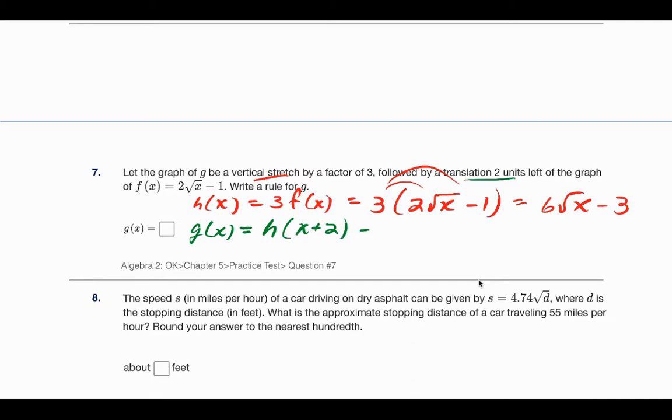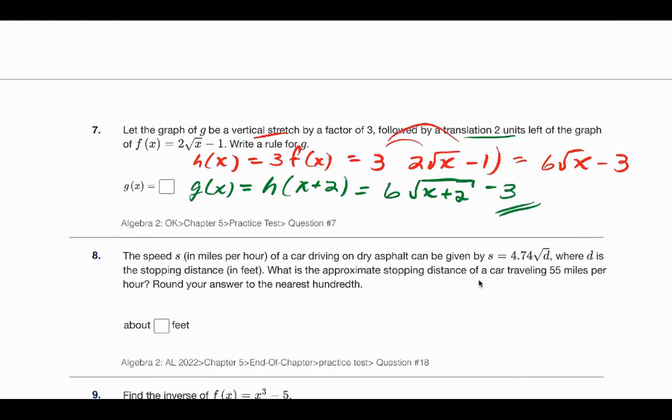So what that is saying, I have my 6. Sorry, I started looking at it up above. So I have my 6. All right? I just told you my x, I'm going to attach a 2 to it because it's left and right. And then I still have my minus 3 there. And that right there, ladies and gentlemen, is the answer you're going to put in Big Ideas.